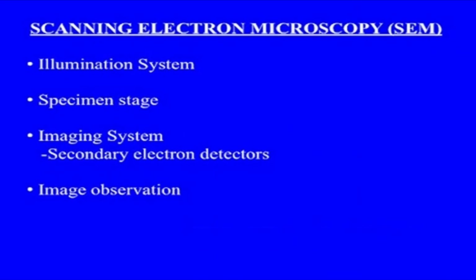Likewise, the specimen stage or specimen carrier is quite different from that in transmission electron microscopy. The stage of a scanning electron microscope is designed to accept a wide range of specimen sizes, up to say 100 millimeter or more in diameter. So, you have to have a much more versatile specimen stage as compared to a transmission electron microscope.